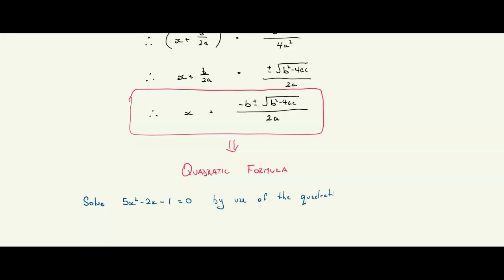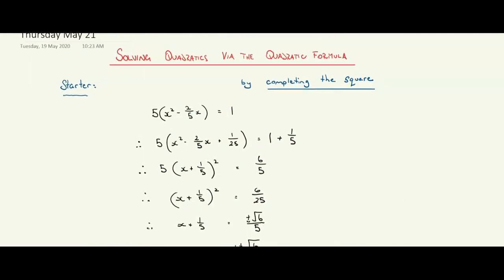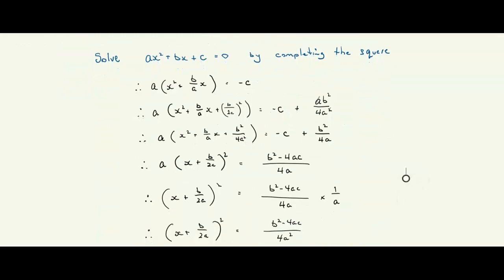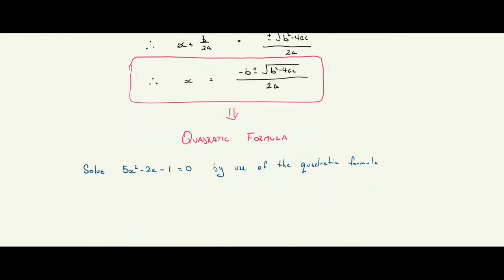We'll just see how much quicker it is. There's no point using it unless it's quicker. If we're just going to complete the square, so if you're happy doing what we did in the starter, you don't need the quadratic formula. All right, you be the judge. Let's see if it's easier.